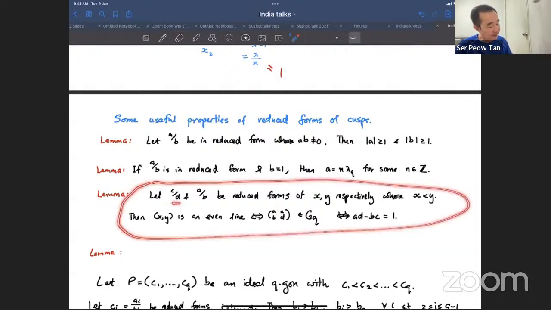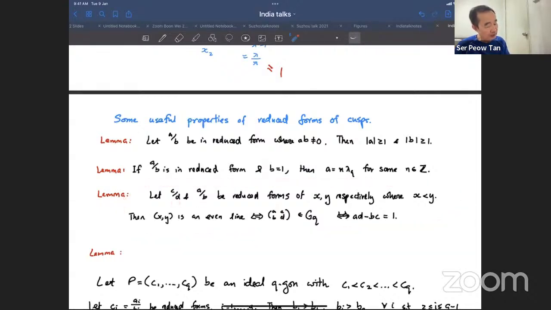If I have two cusps X and Y in reduced forms, then this is an edge of the tessellation if and only if the determinant of A, B, C, D is equal to 1. So this is really the question Ravi asked a little bit earlier about how to decide whether something is an edge or not.